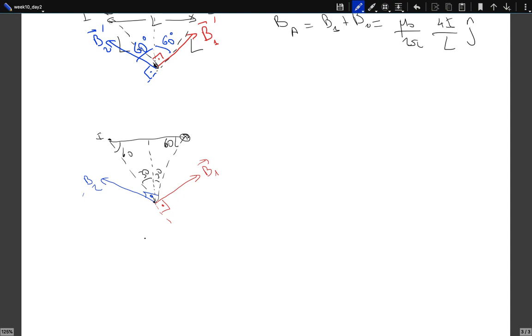So already 60 is over here, so this is also 30. And similarly, this is also 30, because this is a 90 degrees angle.